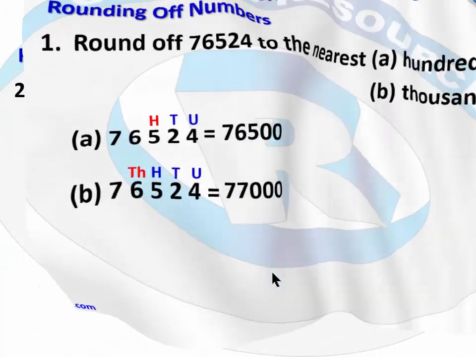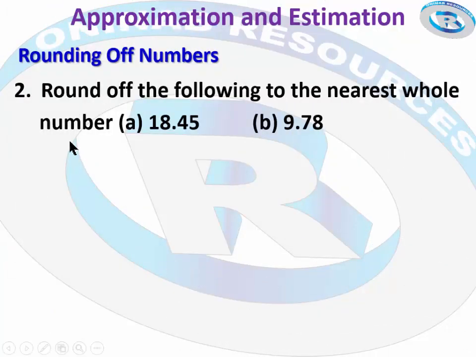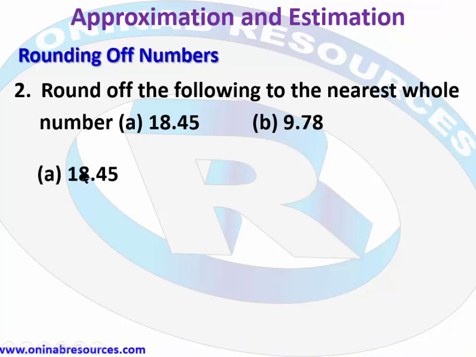We go to problem 2. For problem 2, round off the following to the nearest whole number. So we have A 18.45, B 9.78. Starting from A, the whole number part is 18, while the decimal fractional part is 45.